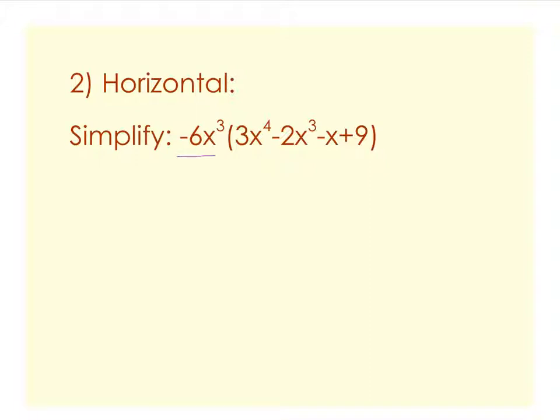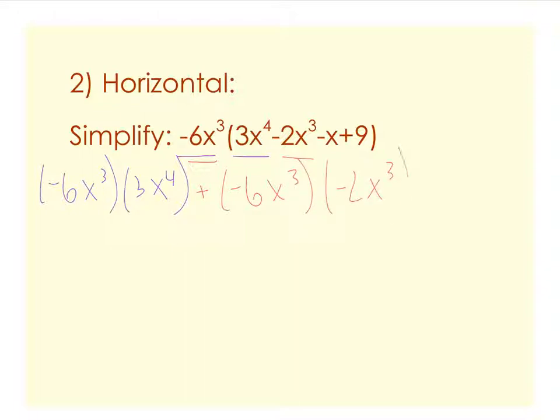So I'll take my first term, negative 6x cubed, and multiply it by 3x to the 4th. So I have negative 6x cubed times 3x to the 4th. I'll change colors and take negative 6x cubed again times the second term I see, and I'll add these together. So negative 6x cubed times negative 2x cubed.